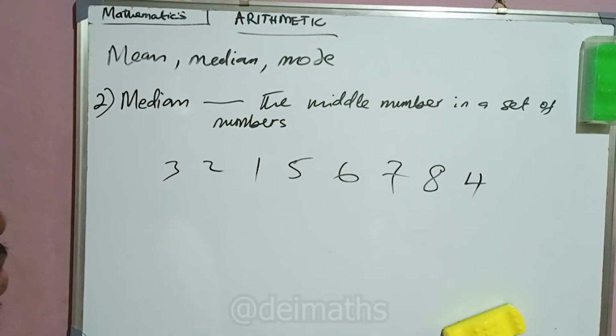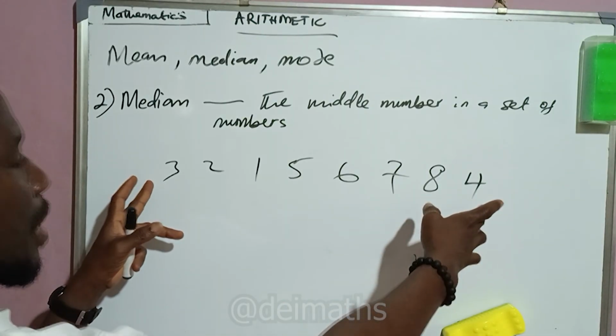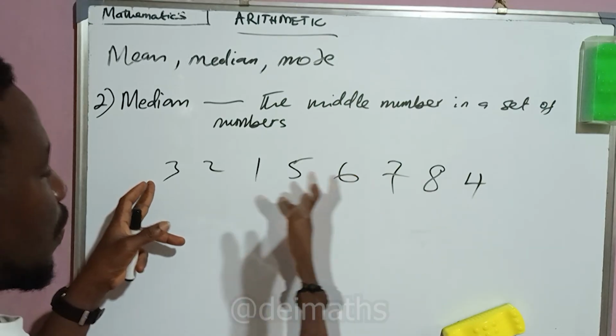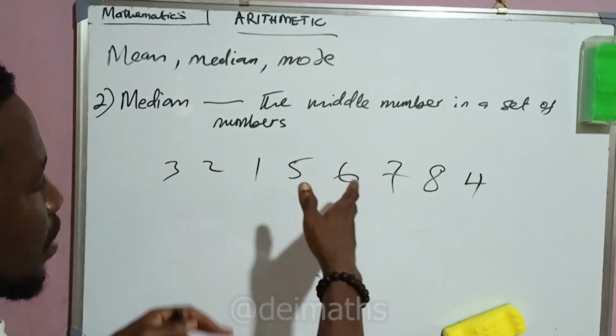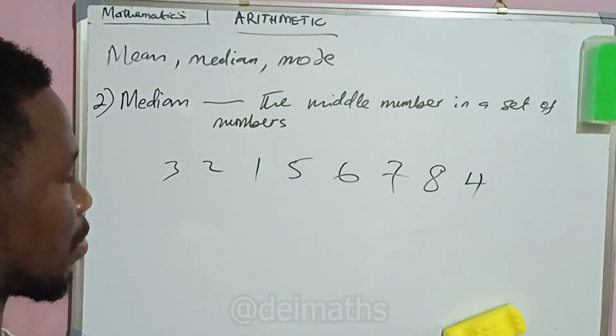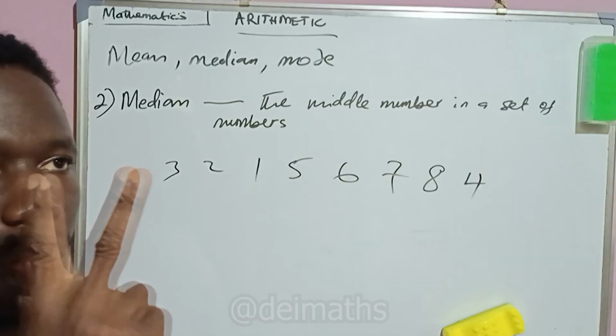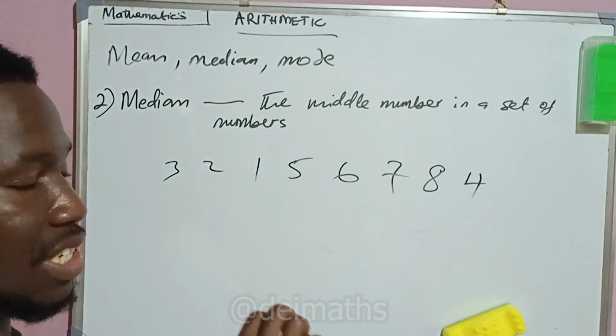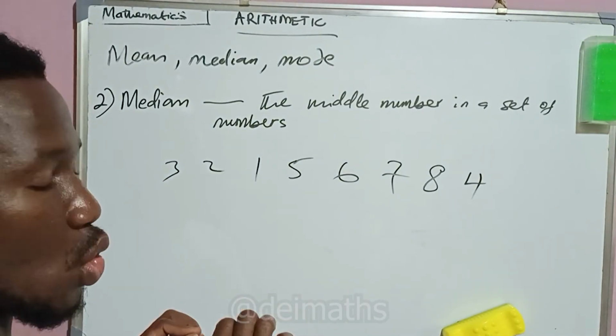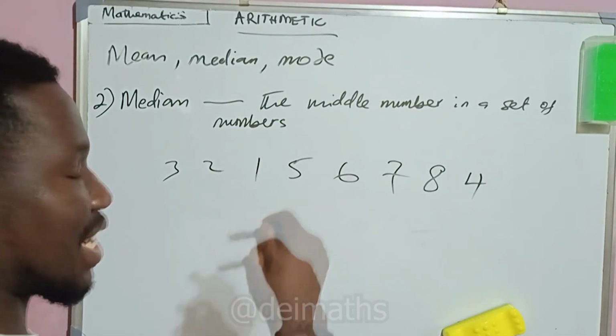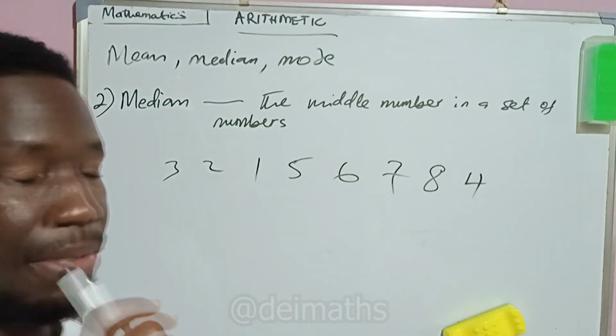Now, median occurs in 2 terms. If the number of quantities is even, that means you collect the 2 middle numbers and divide by 2. But if it is odd, that means we have a center number.